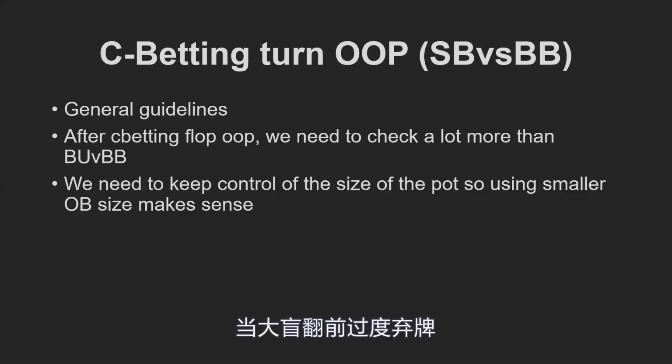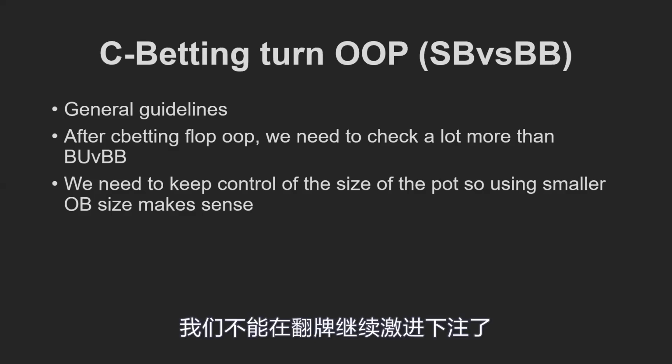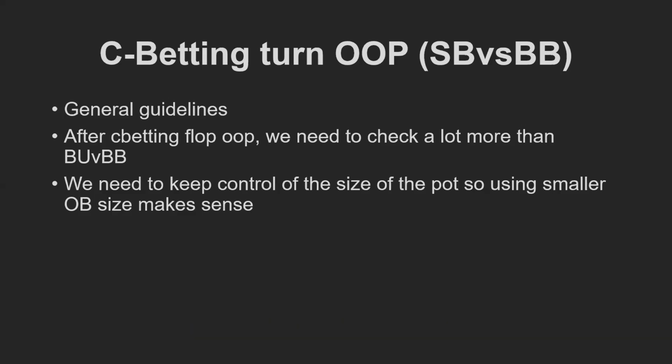When somebody in the big blind overfolds, we start raising super wide from the small blind. So when he calls, we cannot just go crazy by c-betting too much, because we're getting to the flop with a really, really wide range, and he's getting to the flop with a really, really tight range.